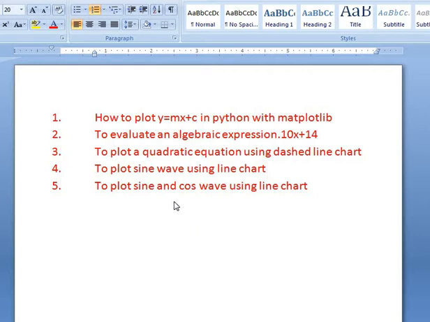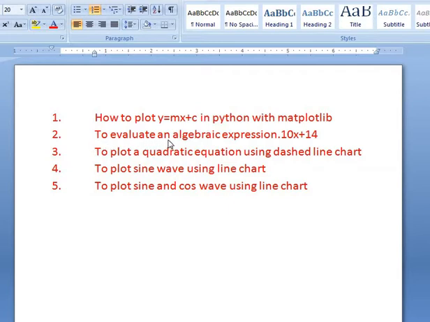I am Gigi. Now we are going to plot 5 simple Python scripts using NumPy and Matplotlib. Our first program is how to plot one simple equation, y equals mx plus c, in Python.